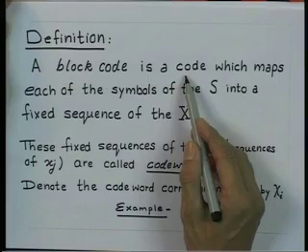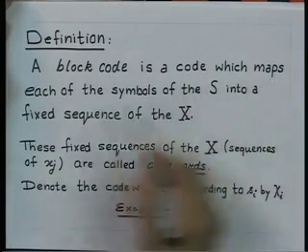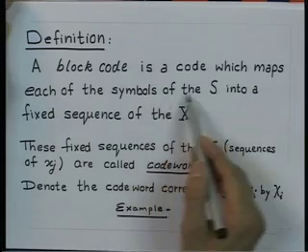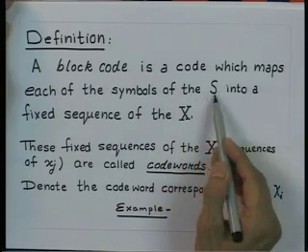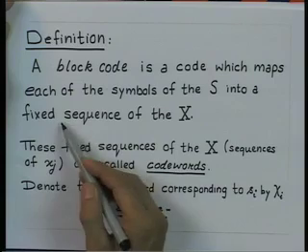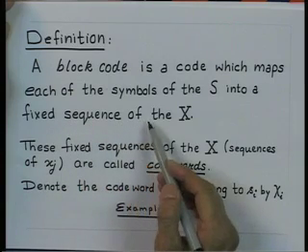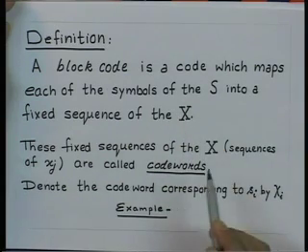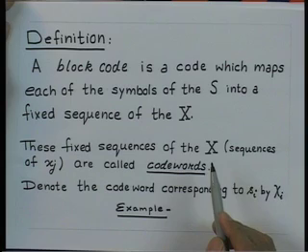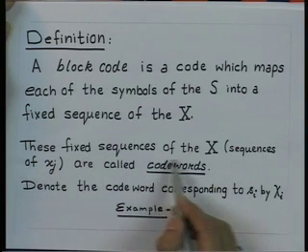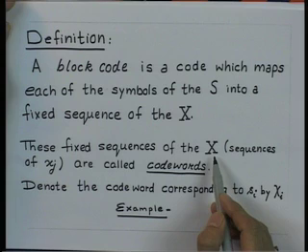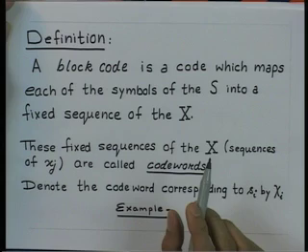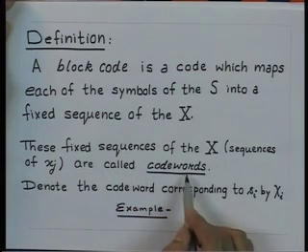A block code by definition is a code which maps each of the symbols of the source alphabet S into a fixed sequence of code symbols from the code alphabet X. These fixed sequences of the code alphabet X, that is sequences of Xj, are called code words.